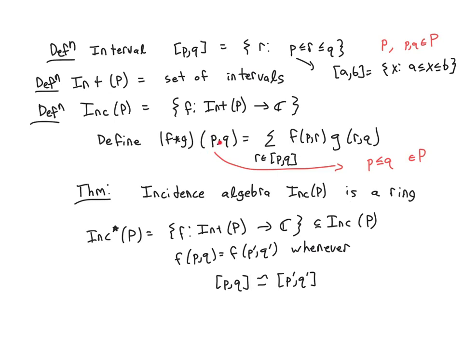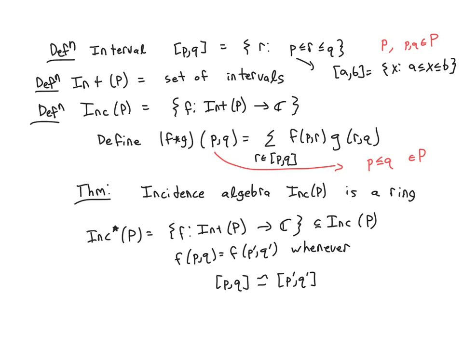And how do we define it? We define f times g applied to the interval PQ to be the summation over all r in the interval, f of PR times g of RQ. And it's a theorem we're going to prove that the incidence algebra is in fact a ring. So here I'm assuming you know the definition of a ring. And in fact, we're actually not going to show all the properties.